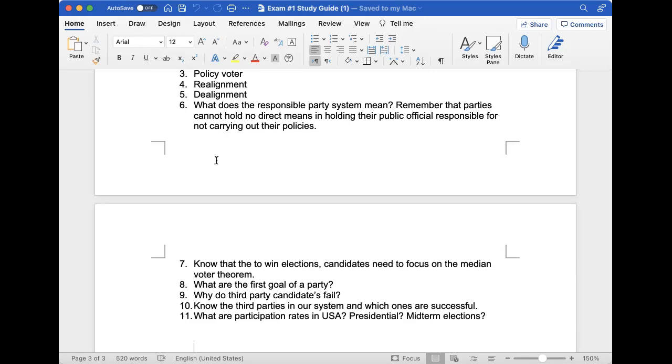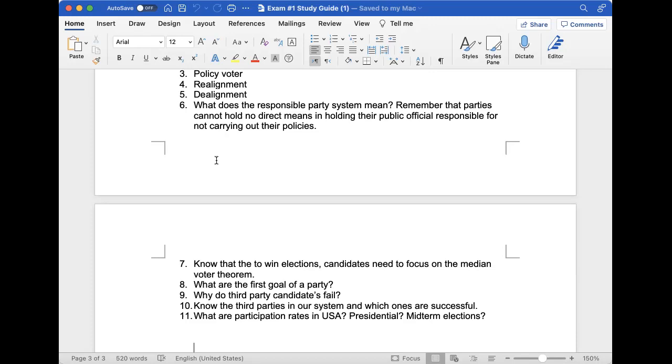Sometimes these third parties are not necessarily successful because they do not have ballot access. They're not on ballots in each of the 50 states. For example, the Libertarian Party is only on ballots in 33 of the 50 states. And I believe the Green Party is on the ballots in about 20, 22, 23 states.